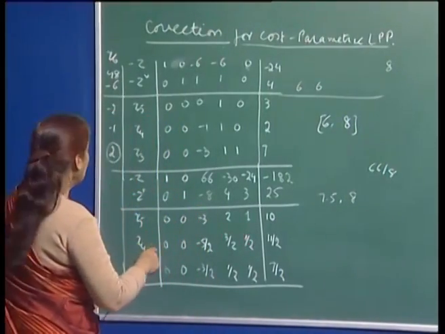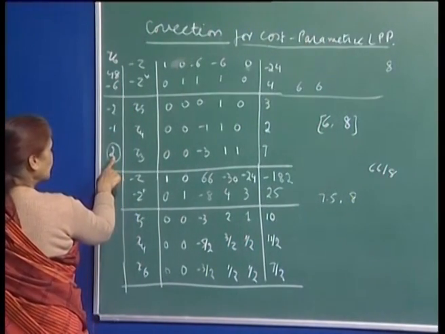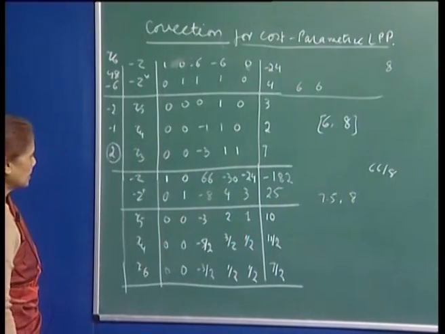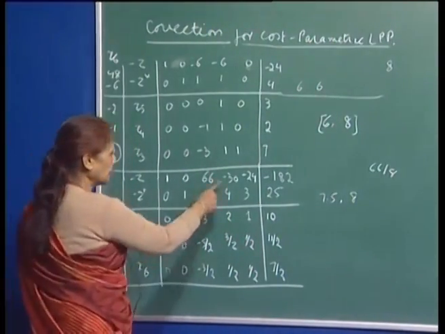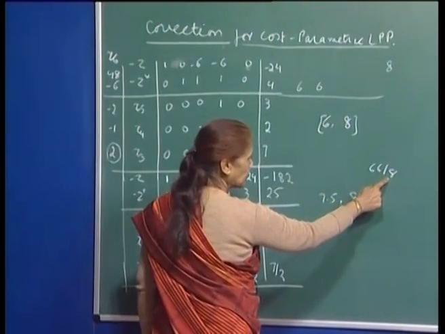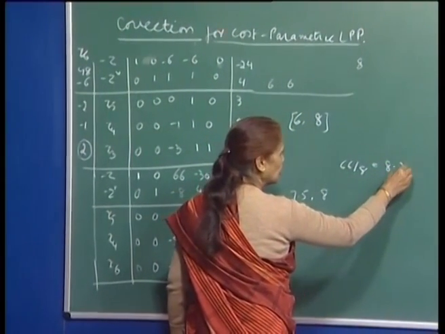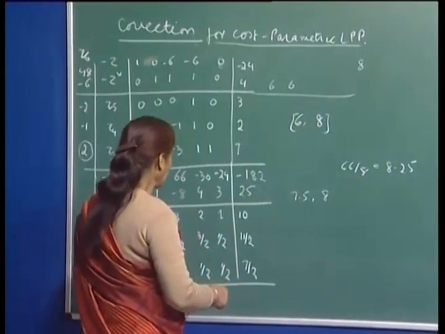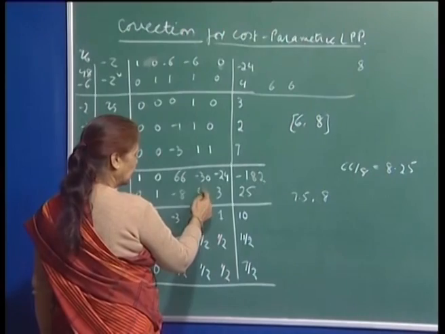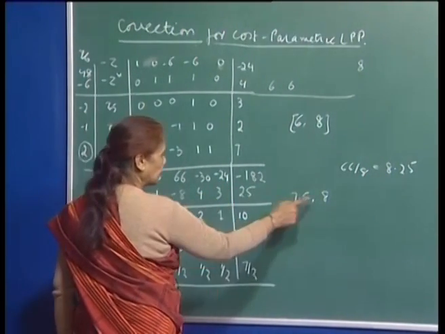Then x6 has to come into the basis. This is the pivoting element; you do the pivoting, you come back here and let us see what the ratios are. I have computed them for you: minus 66 upon 8, that becomes 66 upon 8, which is equal to 8.25. For the positive ones the ratios are 30 by 4, which is 7.5, and 24 by 3, which is 8.